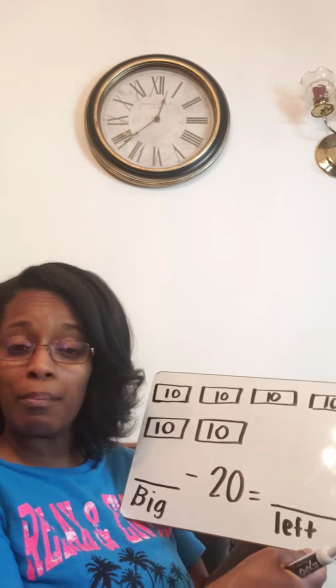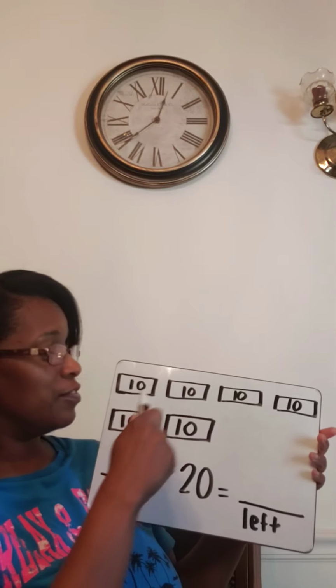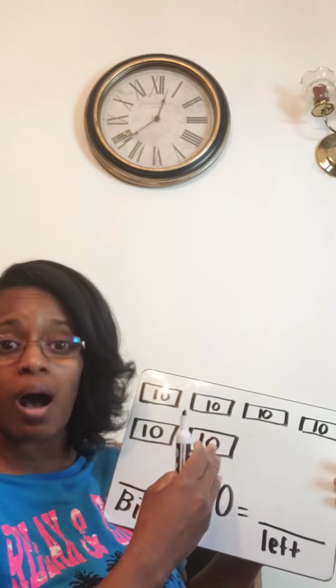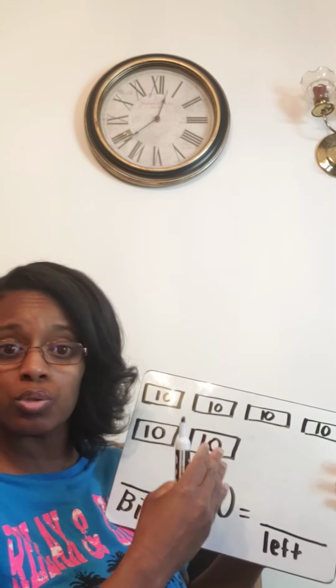So let's see how many tens there are, how many 10 frames we have total. So we know there's 6 10 frames, but we need to figure out what that big number is. 10, 20, 30, 40, 50, 60. So we have 60 dots, or pretending we have 60 things. So 60 goes right here.